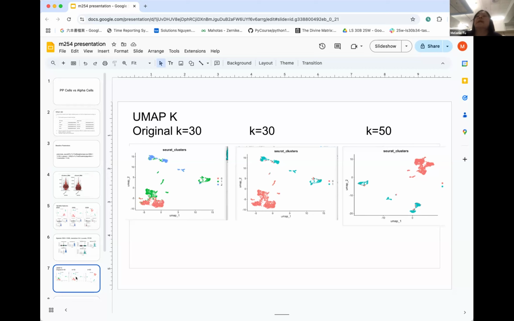The bigger the K, I feel like the more defined the clusters are. Now that I think about it, it's kind of the same graph, just rotated a little bit.